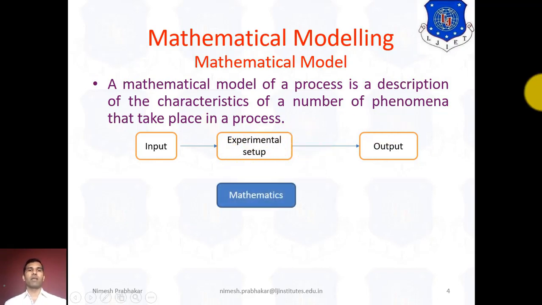So this is a mathematical equation. Now if we give the same input to this block, we get some output.